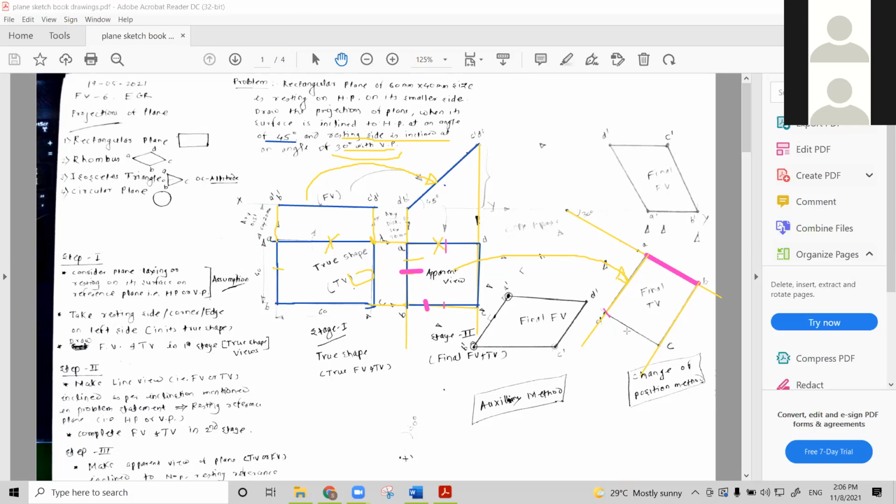If it cuts here, it will give the other points, 2 points here. And through this you should draw the line and complete this third stage top view with change of position method.